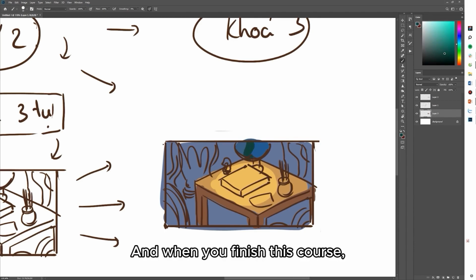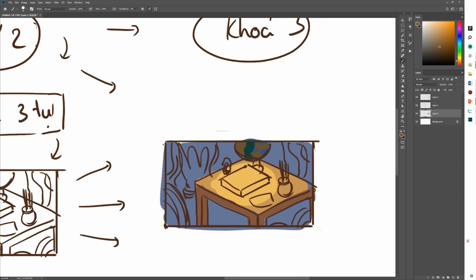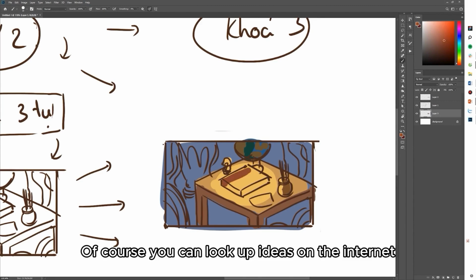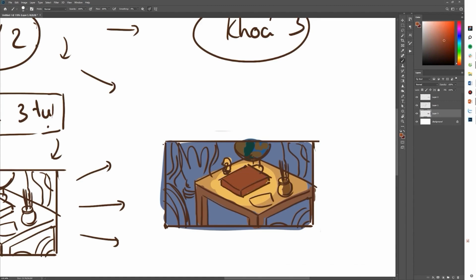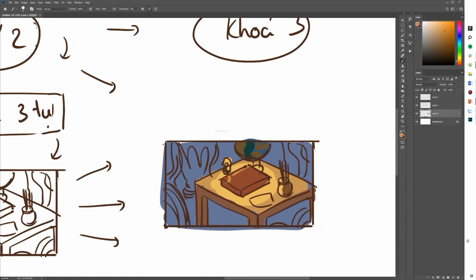And when you finish this course, I think you will be able to create a finished picture just the way you want. Which is your idea? Of course, you can look up ideas on the internet, but you can confidently redraw that idea in your own style.